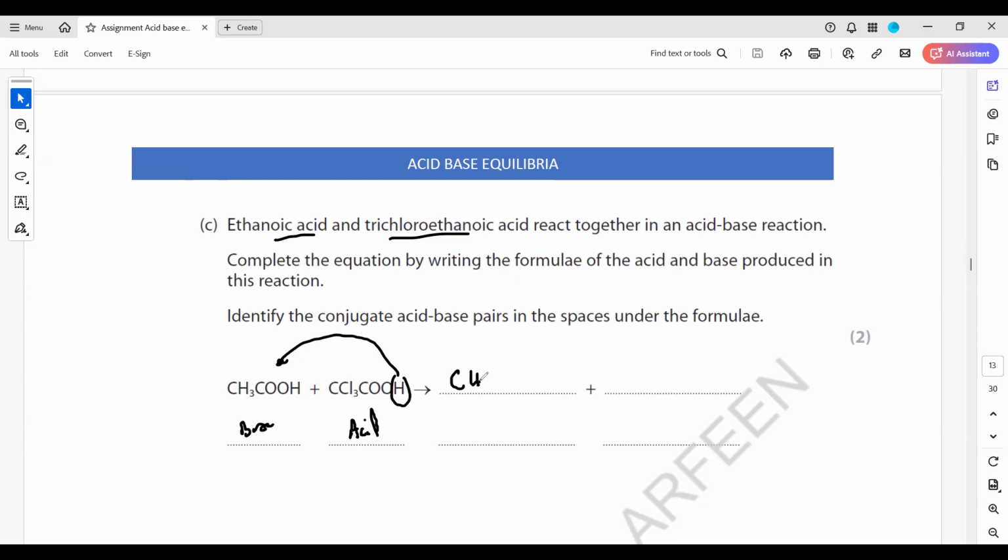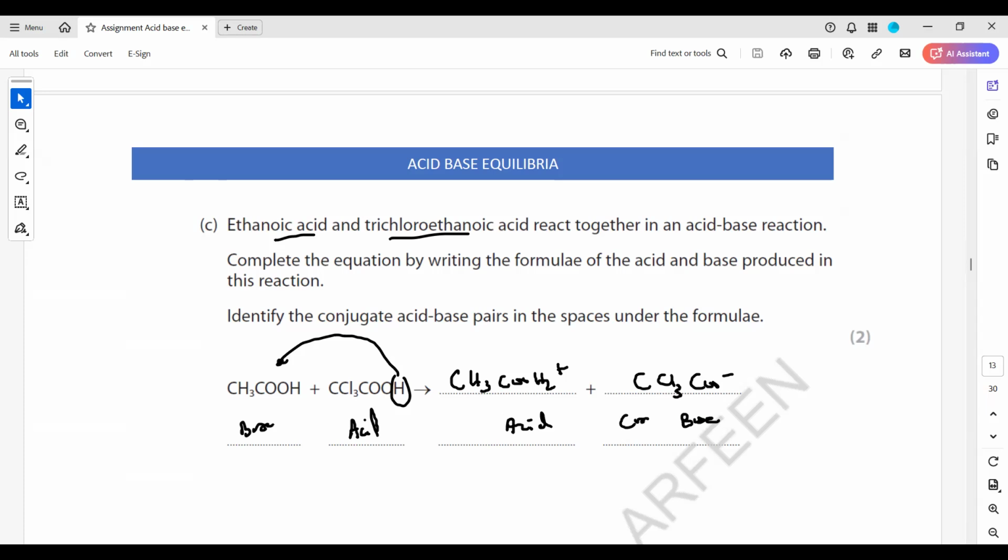So we'll have CH3COOH2 positive, and then CCl3COO negative. And what about the conjugate acid and conjugate base, as we have to label? Because this was a base, here it will be a conjugate acid. And this was an acid, so it will be a conjugate base.